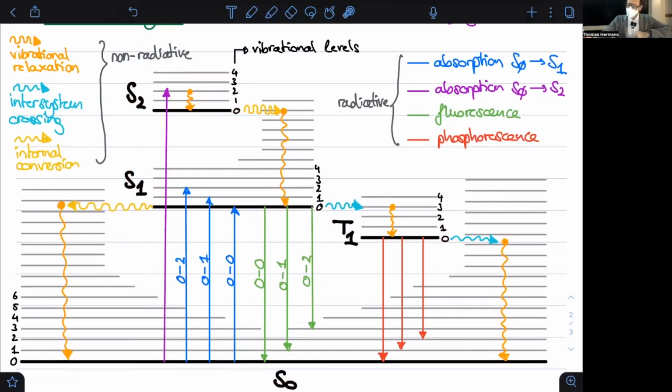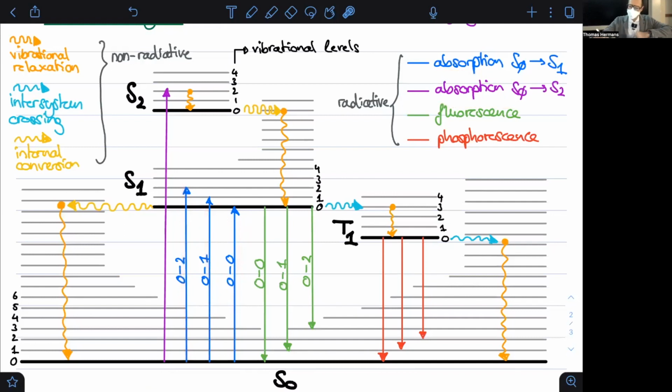Okay, so we saw in the last class that we can have absorption to the first excited state or to higher states, right? In the case of emission, so now we're going to talk about radiative processes, right? So radiative processes are fluorescence and phosphorescence. They involve photons, absorption. And so if we look at absorption, we can excite to different levels.